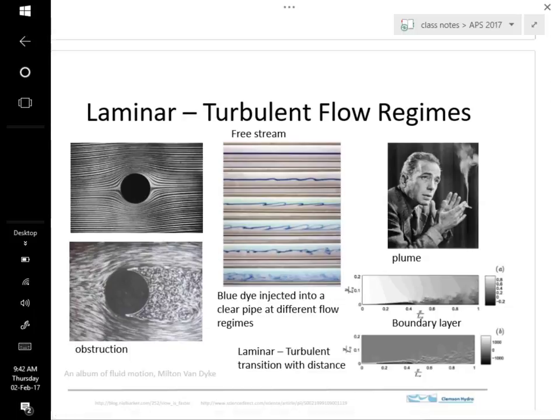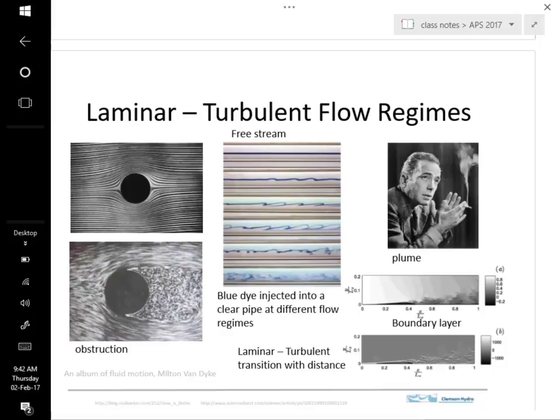And so what we're interested in is turbulence. So if we take a step back, we've got to be really interested in the whole spectrum from laminar flows, which we saw last week, to turbulent flow.